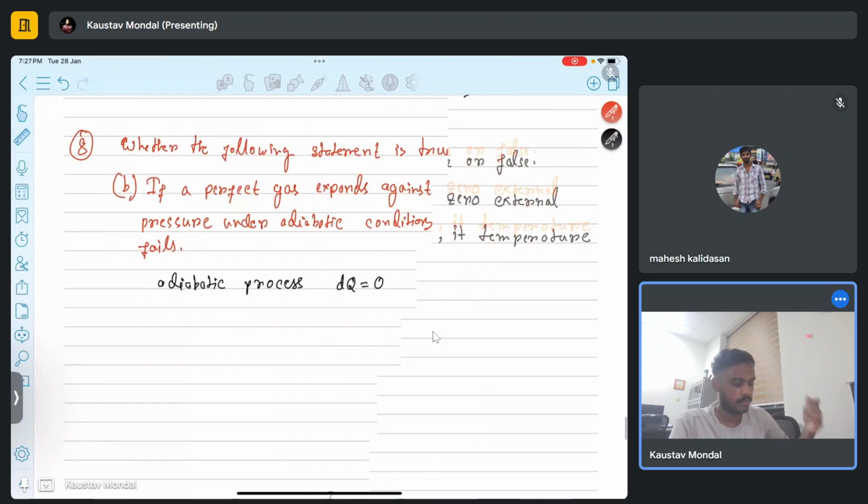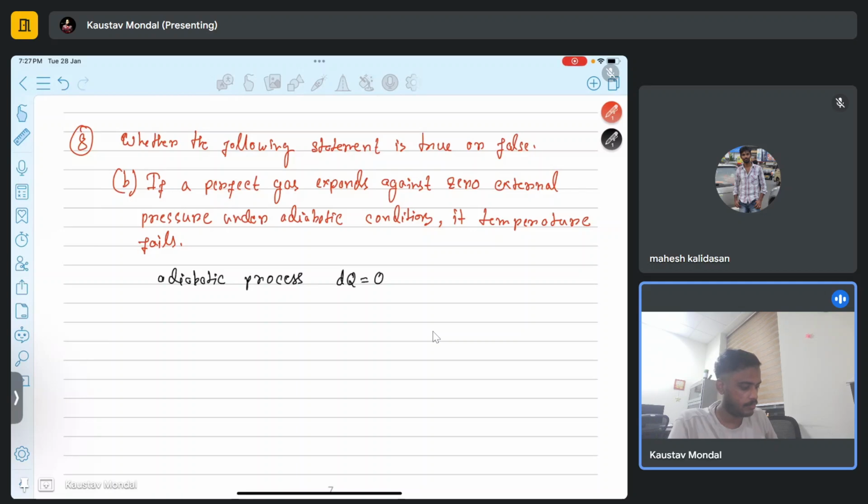Now, if the perfect gas is expanding against 0 pressure, consider the work done, dw, that is mainly P external into dV. Although there is a change in volume, since the external pressure is 0, I think you remember the name of this process.